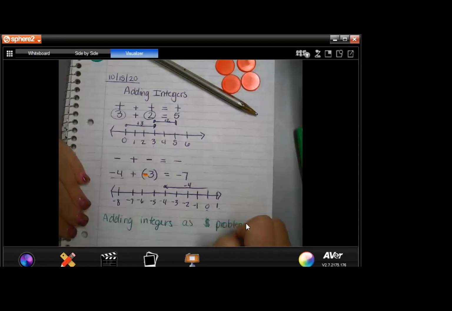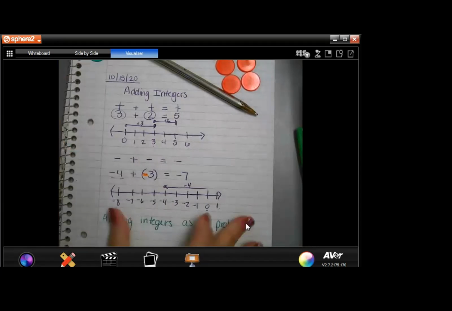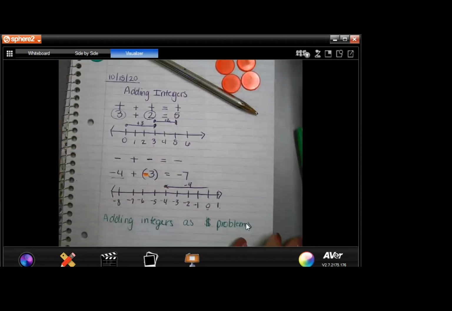I don't know what it is, but I will give this problem to my students and they'll be like, I don't know what to do. But as soon as I say to them, you borrow $4 from your mom, you borrow $3 from your dad, how much money have you borrowed? They're like, oh, I borrowed $7. And borrowing is a negative thing for your money. So it's just crazy how all of a sudden, if you make it into money, it just makes more sense.